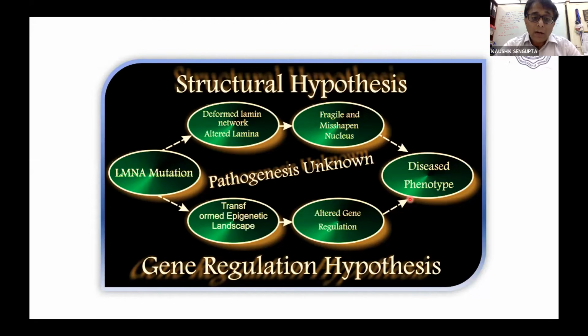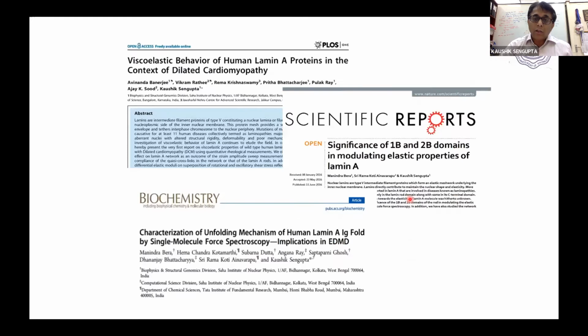And lamin A also leads to a transformed epigenetic landscape, which ultimately leads to altered gene regulation, and this leads to the disease phenotype. So we wanted to reconcile these two hypotheses to build up the cause of the pathophysiology of dilated cardiomyopathy primarily, and later on EDMD. These are some of the papers from my lab which have talked mainly about viscoelasticity and the elastic responses, which made very important strides in the field.